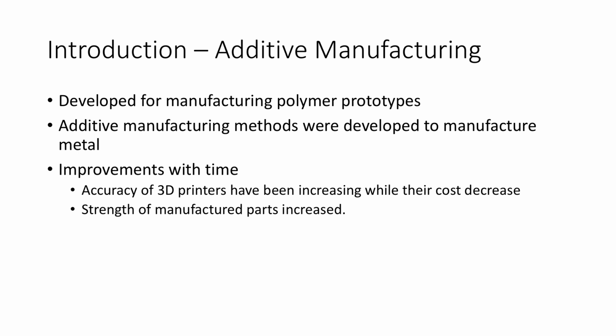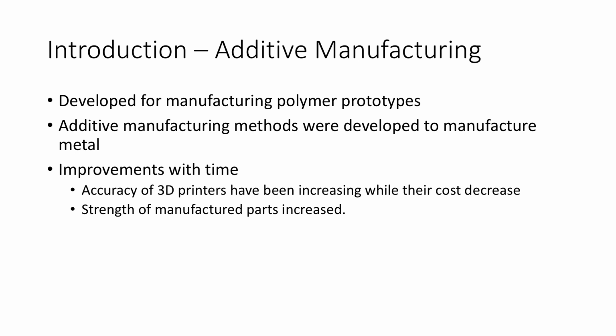As you know, additive manufacturing methods were developed basically for polymers, and they were used to manufacture the prototypes. Generally, these parts were not very strong, and they were not used in many applications.